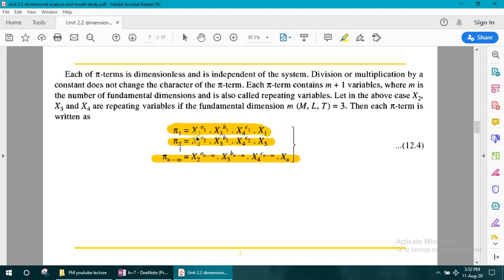Repeating means that x2 is coming in all the equations of pi 1, pi 2 and pi 3. Then you can see x3, x3, x3 is again coming, so this is also a repeating variable. x4 is again a repeating variable. But x1, x5 and xn are known as non-repeating variables.